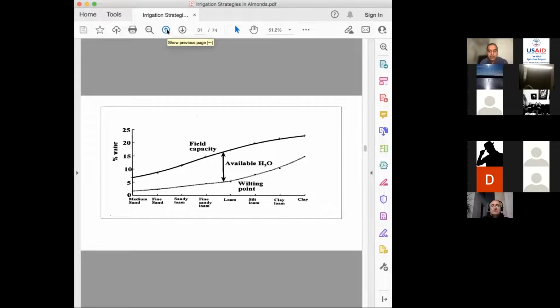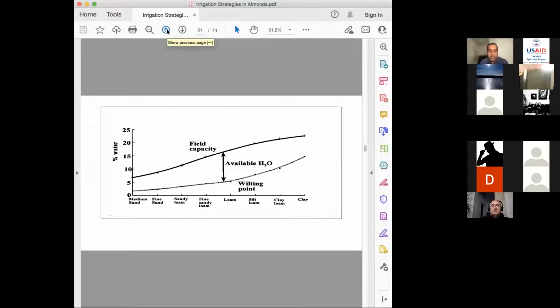You fill the soil profile fully with water and then let the water drain with gravity. And after all the water has been drained with gravity, whatever water your soil is holding at its maximum capacity, that is field capacity.